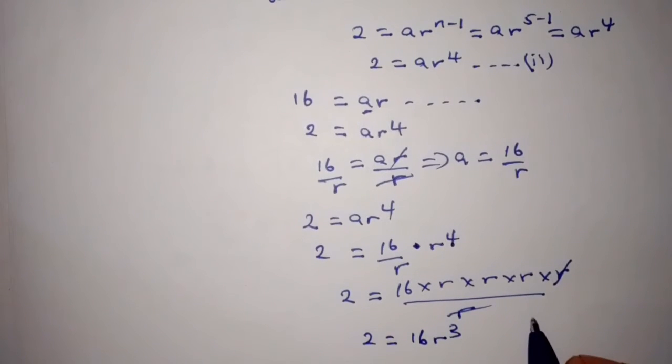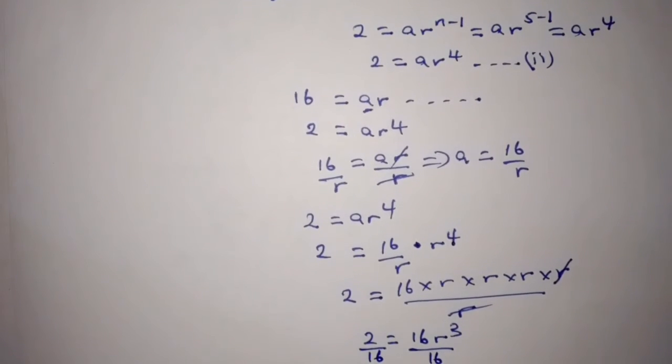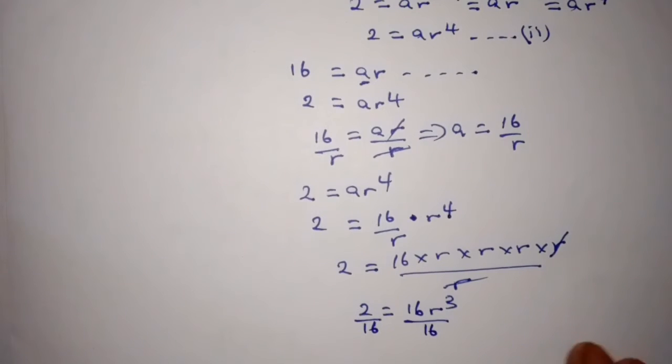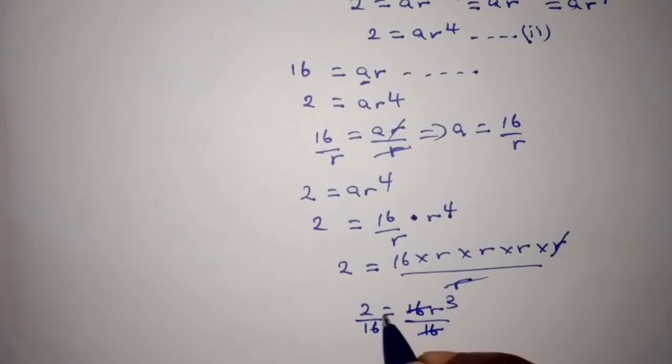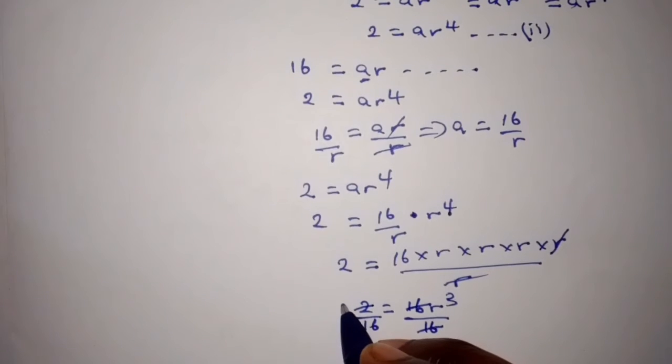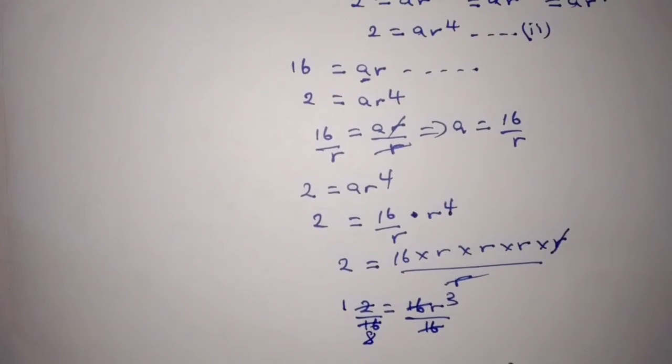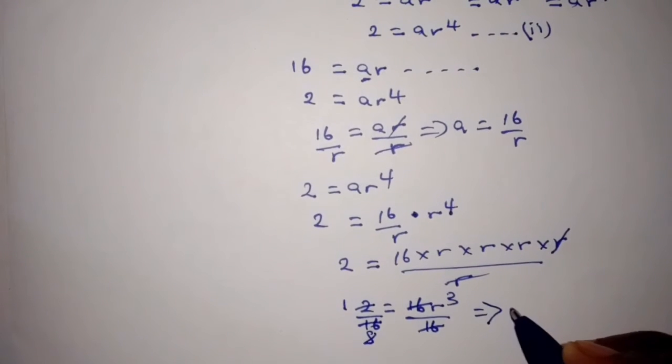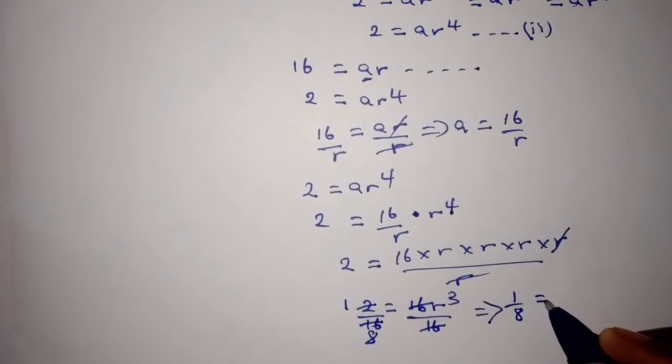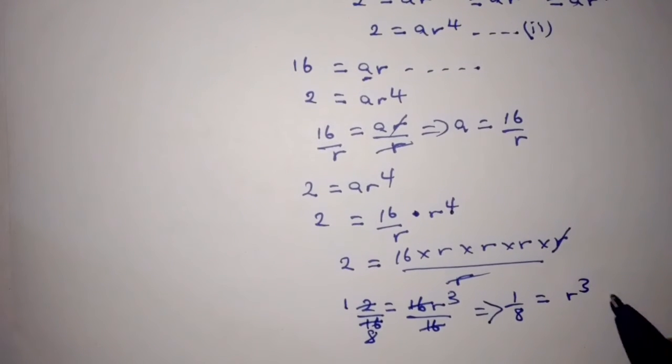We can divide both sides by 16. So 16 will cancel 16 here. 2 goes into 16 eight times. 1 over 8 is equal to r power 3.